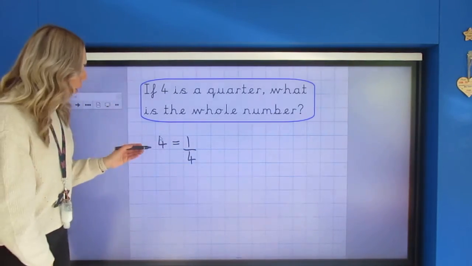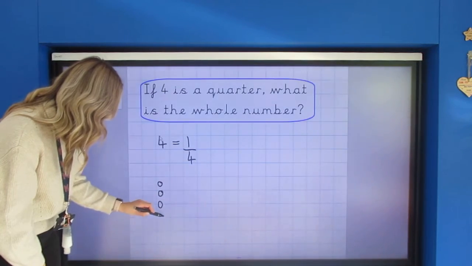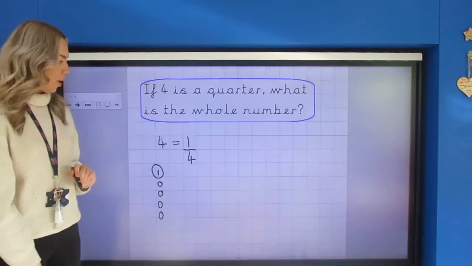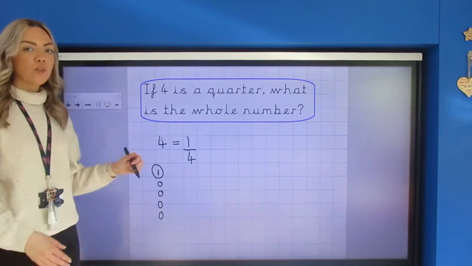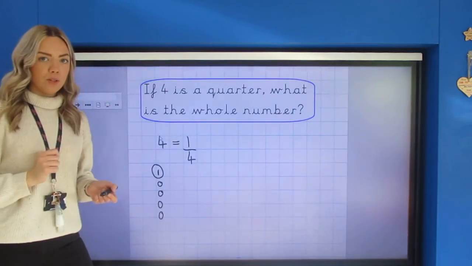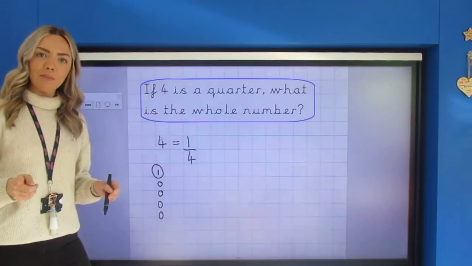So, if we have 4, and we know that is 1 part, we know that's 1 group, don't we? And we know to find the whole number, we need 3 more groups. Now, remember, they all must be the same.